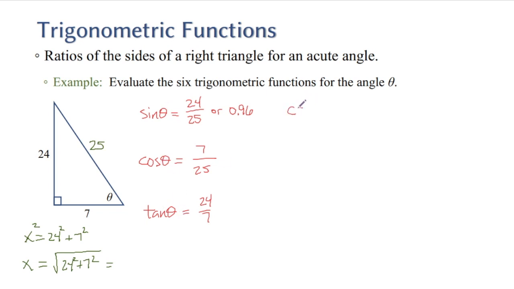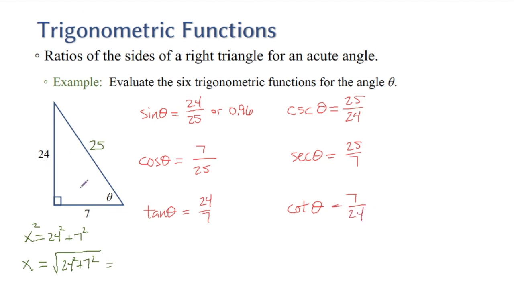Sine is the reciprocal of cosecant, so we take the 24/25 and flip it over. That becomes 25/24. To find cosine's reciprocal, the secant, the secant of the angle is going to be 25/7. And the reciprocal of tangent, cotangent, is going to be the reciprocal 7/24.